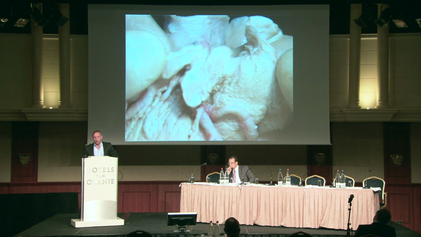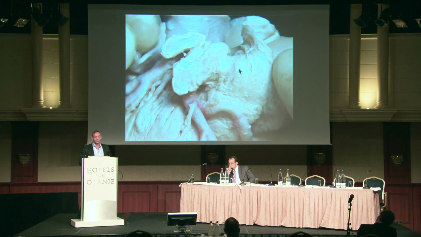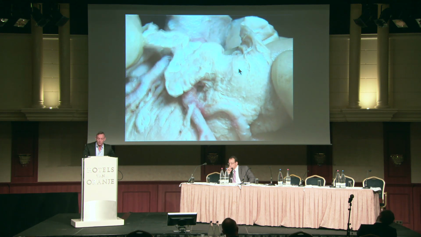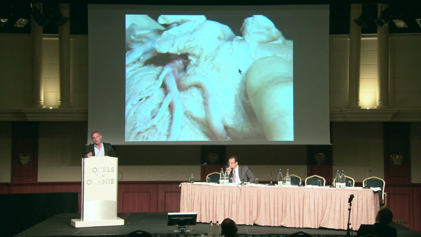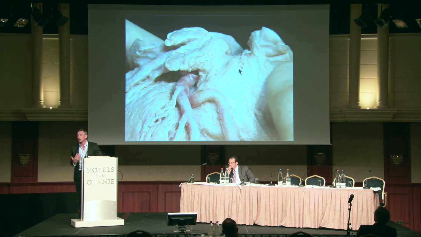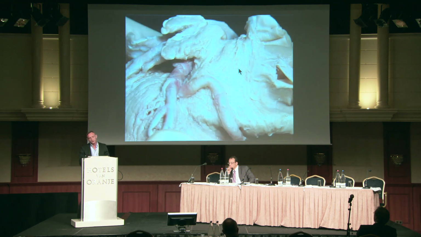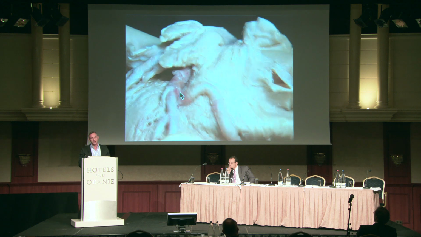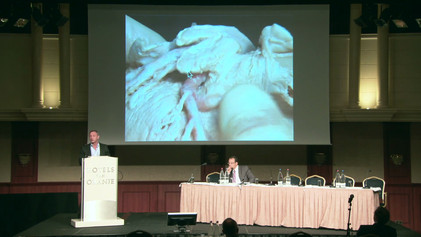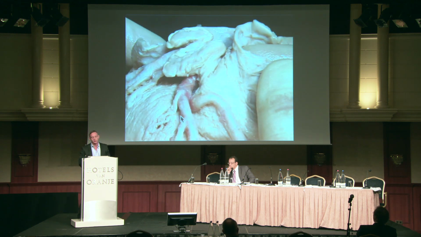Here's another example showing you the appendage, slightly more curved appendage this time, showing you some of the variation. And in this case, we've taken away the epicardial surface of the left heart. So we've peeled away the epicardium and the fat to show you the course of the left coronary artery and the left circumflex coronary artery.